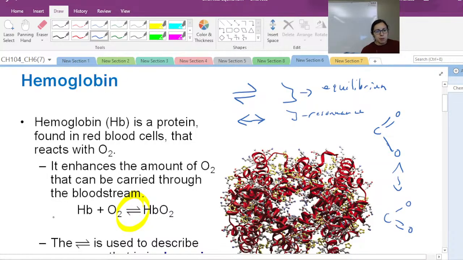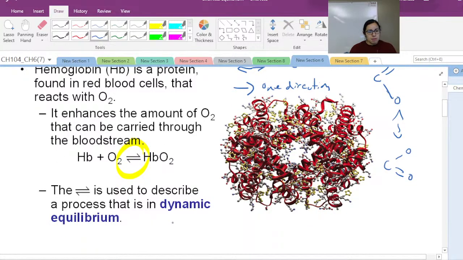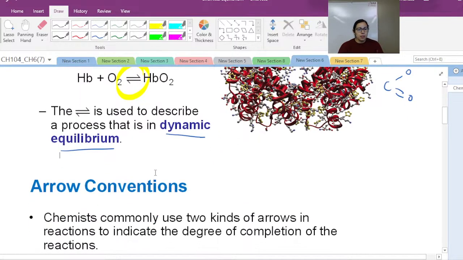And then equilibrium is saying that we could go back and forth between these two reactions. And then a single-headed arrow is obviously just in one direction in general. That's what it means. It's usually it goes to completion. And okay, so now we're looking at these equilibrium arrows. And so again, that means something is in dynamic equilibrium, meaning again, it can go back and forth.